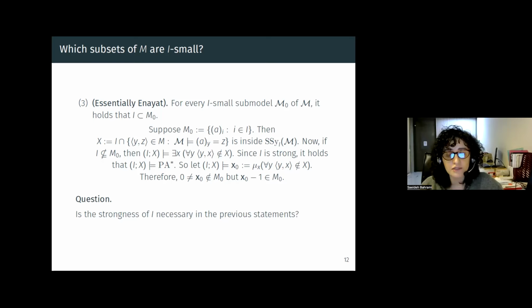If it is semi-regular, we just need that I and x be a model of IΣ1. So if it is semi-regular, that is enough. But I don't know the answer to the question of whether the strongness of I is necessary for the two other statements that I said. I don't know if it is necessary or not.